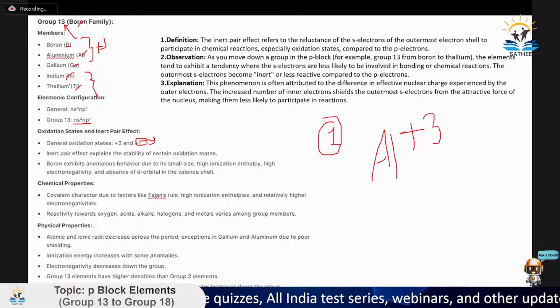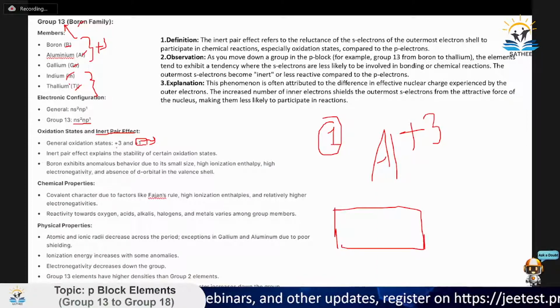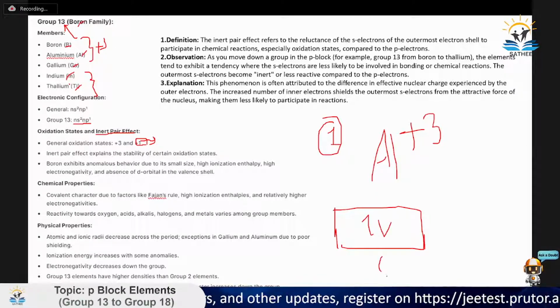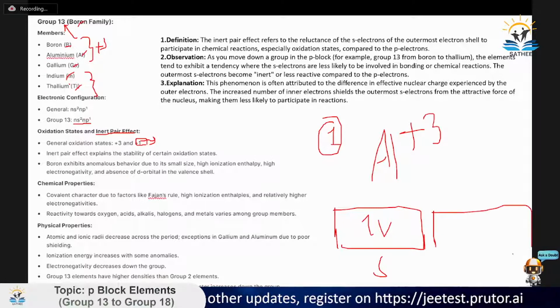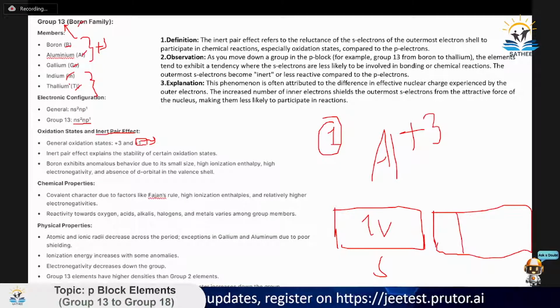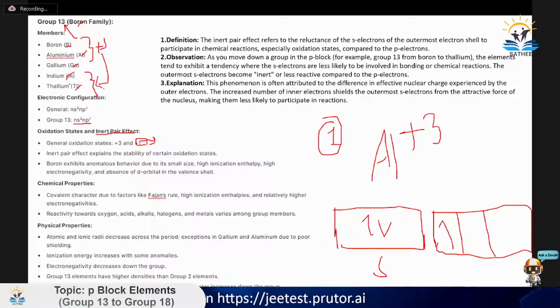So we also see a +1 because of a thing called the inert pair effect. Basically, what happens is, we have Ns2, Np1. So this is my s orbital, and let's say my p orbital comes over here, which currently has only one electron in it. Now, what happens when you come down in these heavier elements?